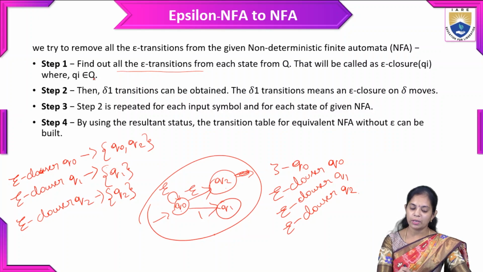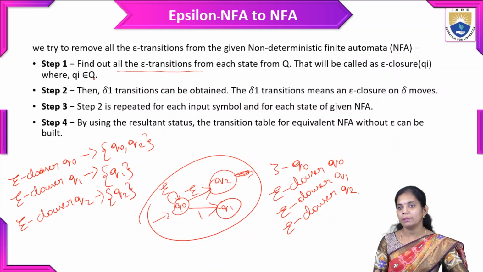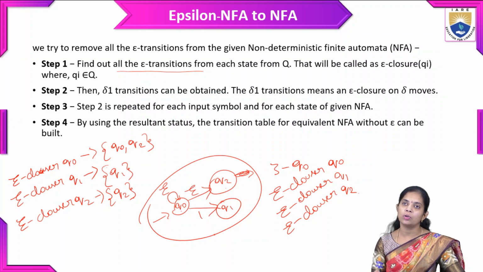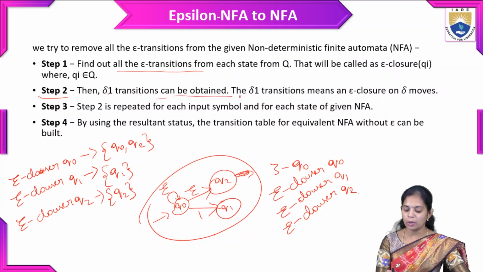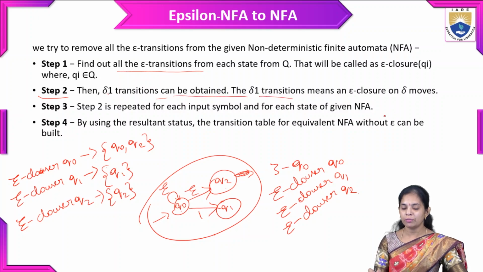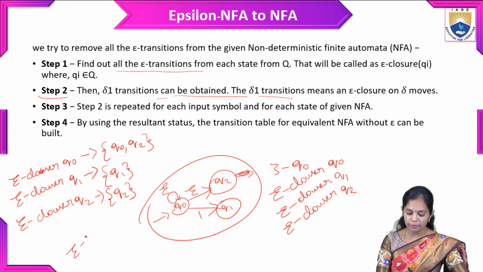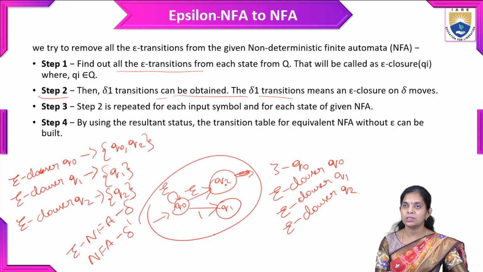So the first step is to find all the epsilon transitions, or epsilon closure, for every state. In the second step, the transition can be obtained. The Epsilon NFA has one transition named delta, and we are converting that to a normal NFA, so that transition is named delta 1.